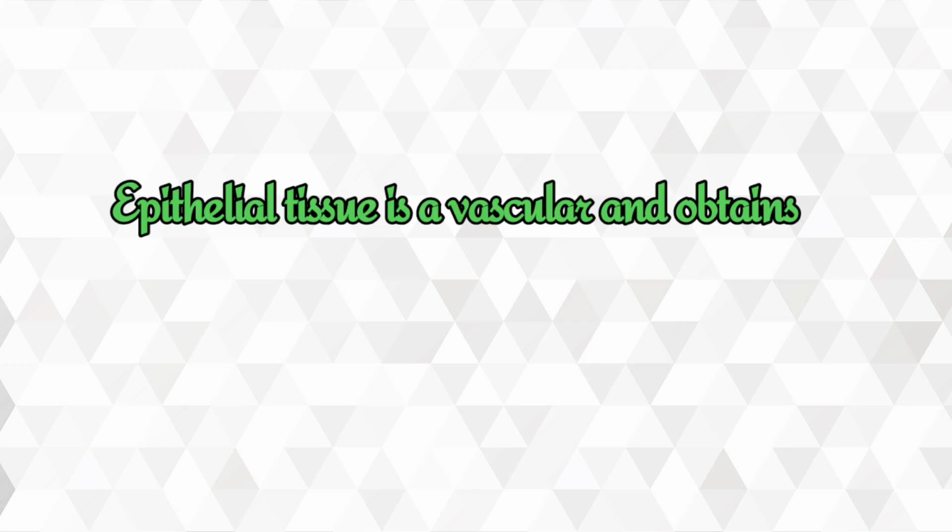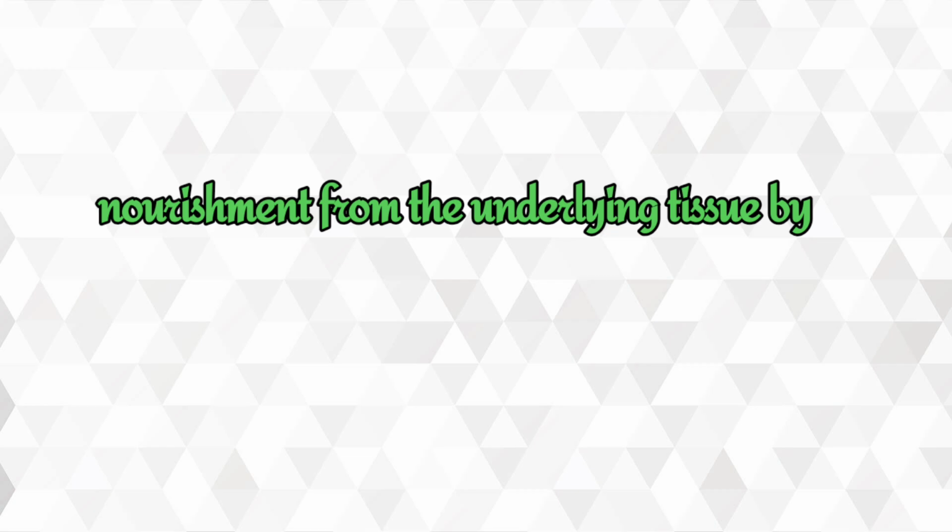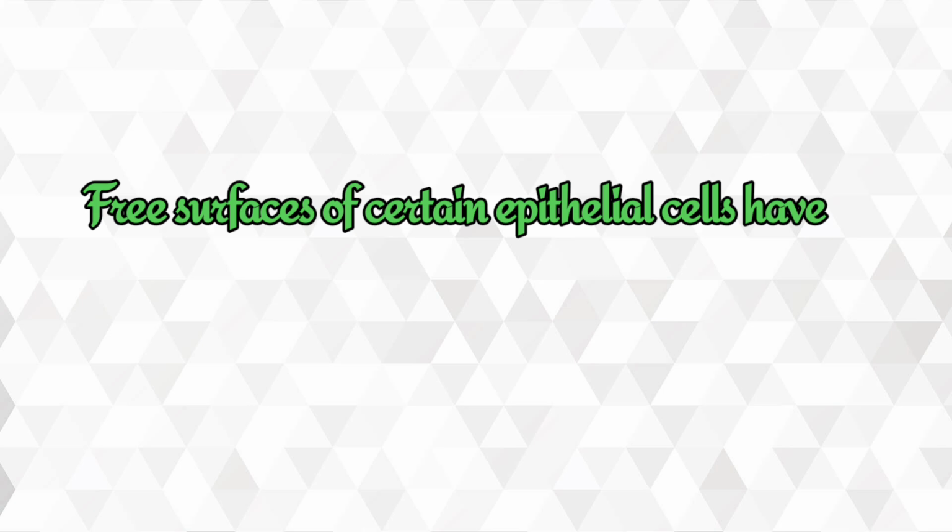Epithelial tissue is avascular and obtains nourishment from the underlying tissue by diffusion. Free surfaces of certain epithelial cells have microvilli or stereocilia. Microvilli increase the surface area of absorptive cells.